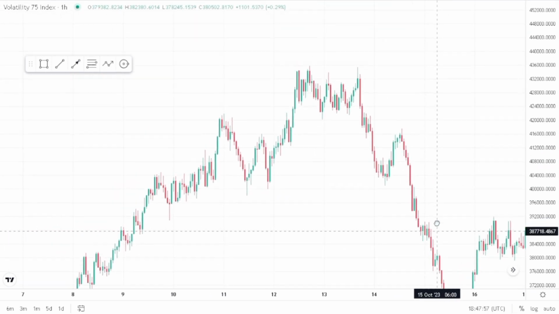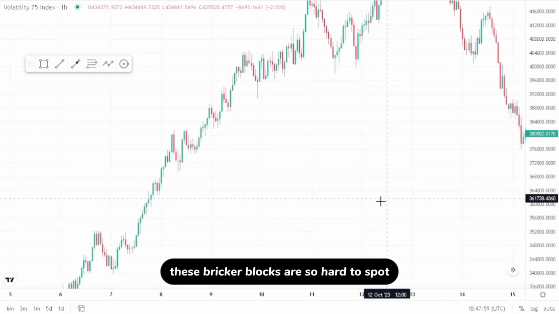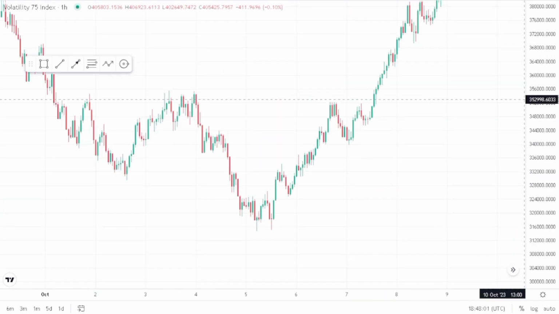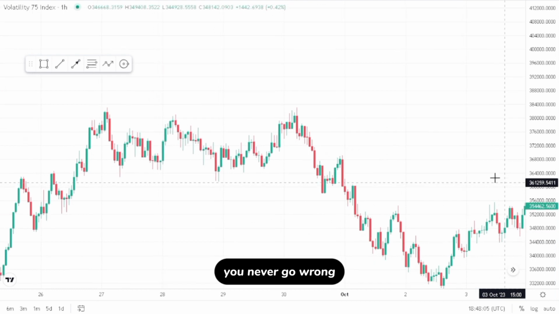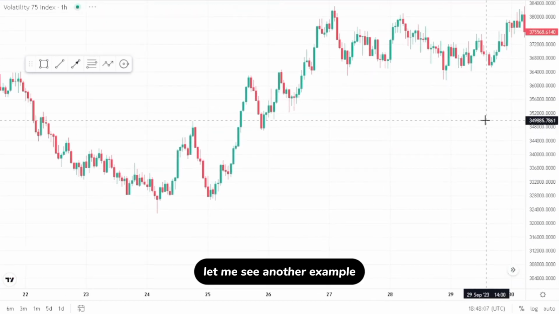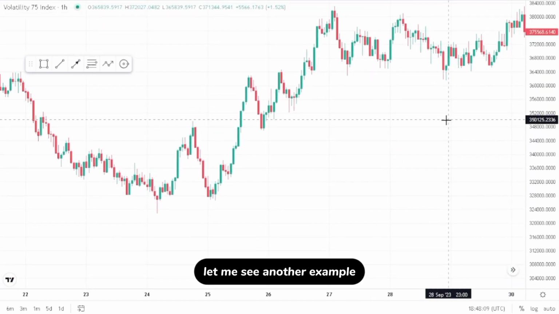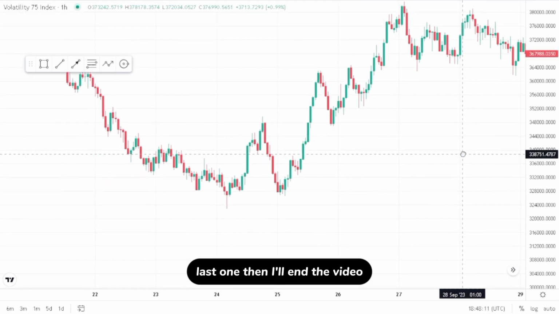These breaker blocks are so hard to spot. But if you catch a correct breaker block, you never go wrong. Let me see another example. Last one, then I'll end the video.